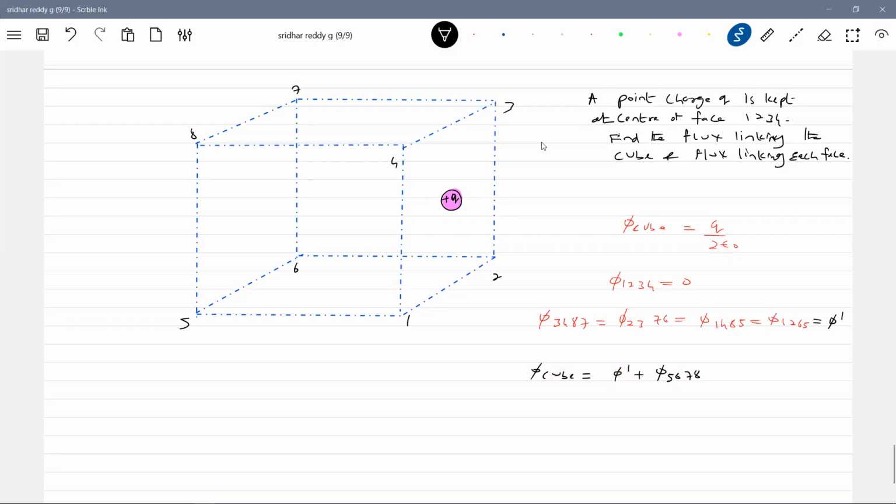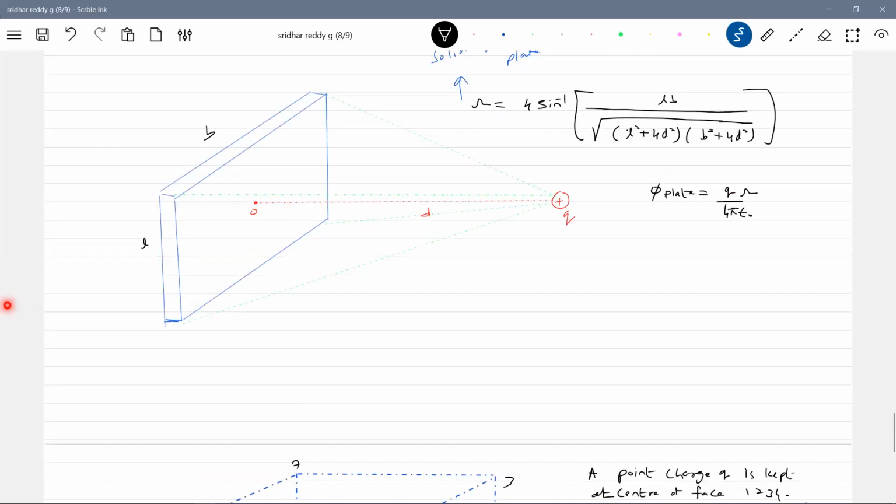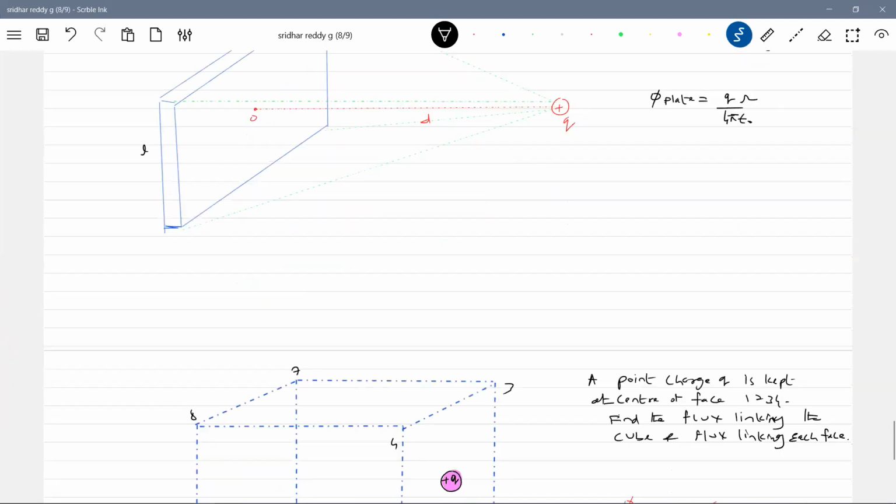So what is the formula for 5, 6, 7, 8? It will be 4 sine inverse of, with the cube of side length L, the formula we have is L square plus 4D square. What is the distance?